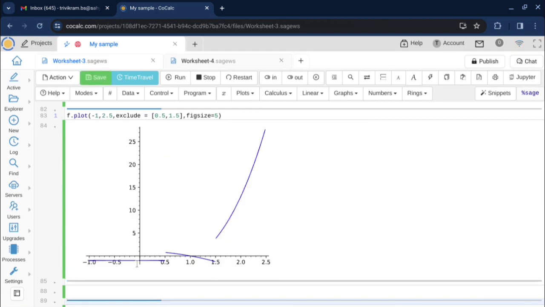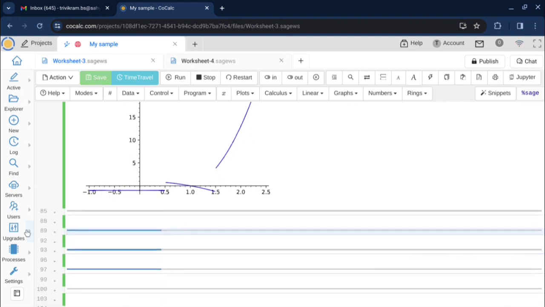So if you observe this curve, I have excluded 0.5 to 1.5. So it will look like this. There is a gap between 0.5 to 1.5.